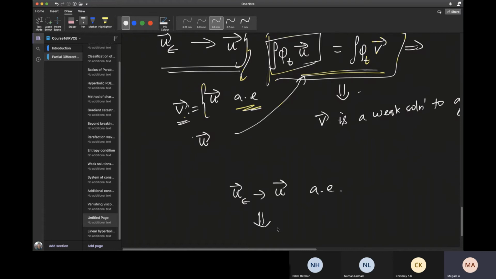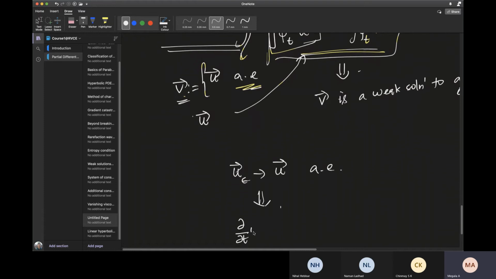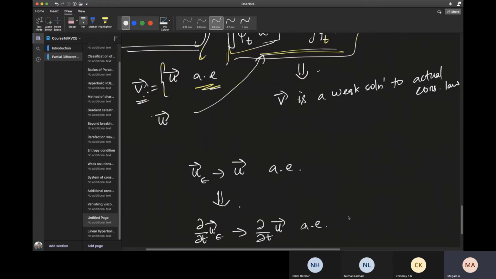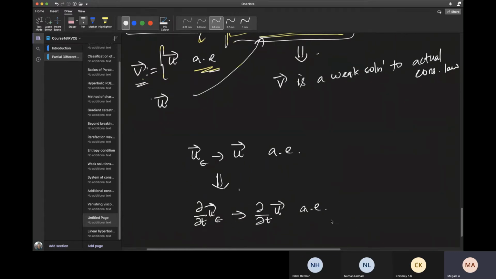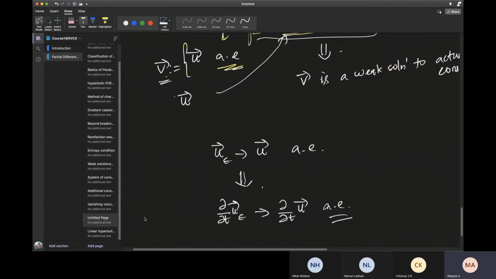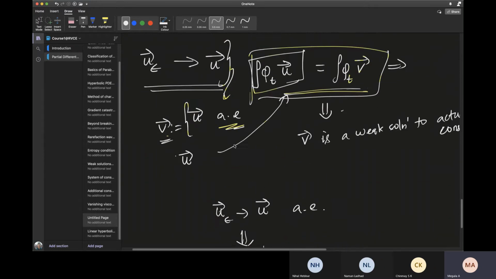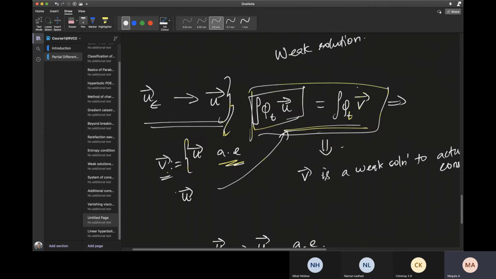This implies that dou by dou t of u vector epsilon will also approach dou by dou t of u vector almost everywhere, but not necessarily at all points. So this also satisfies this weak form only, not the strong form.